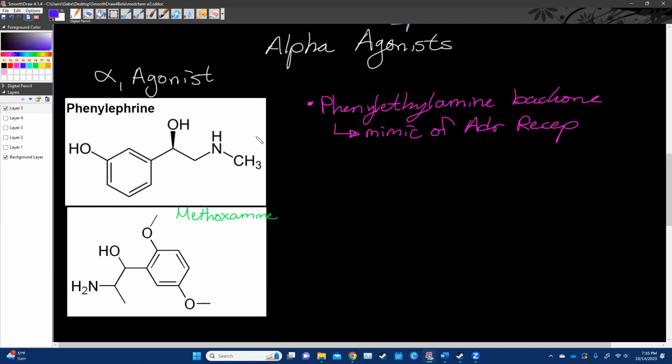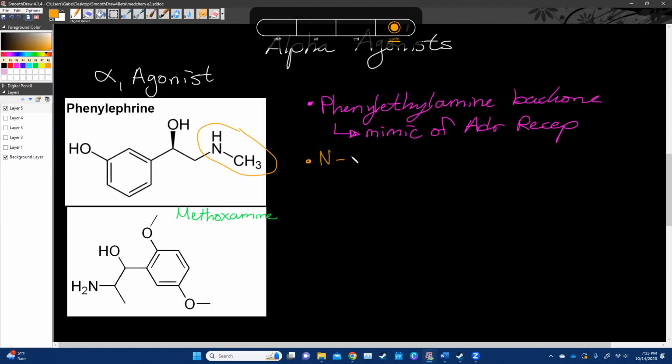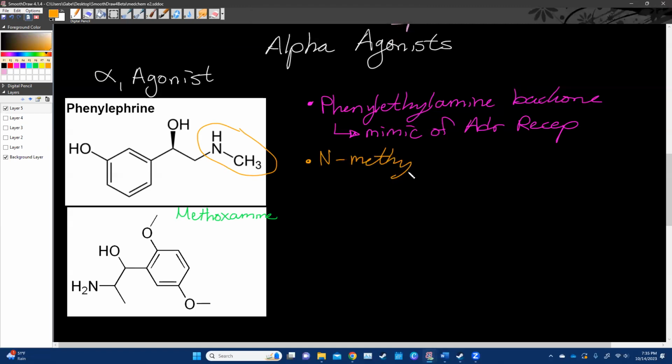And we can see very clearly in phenylephrine, put this in orange, that we have the N-methyl group, which will mimic more of epinephrine.